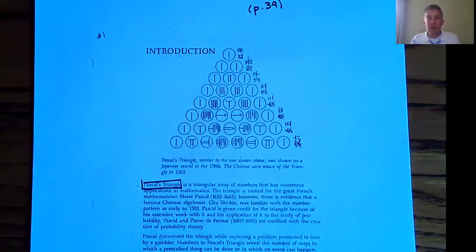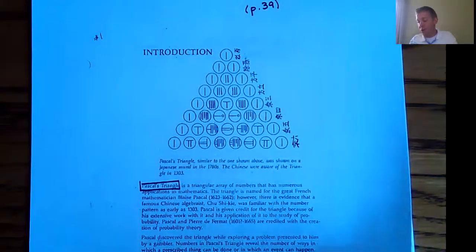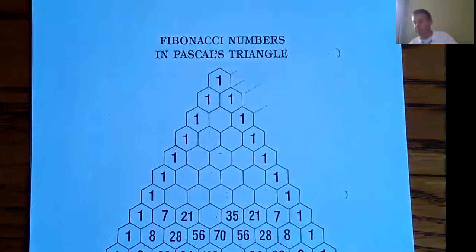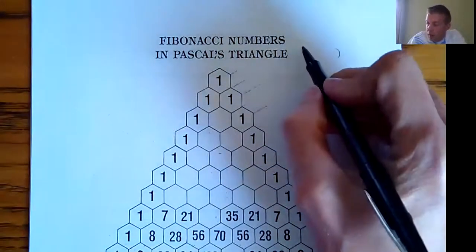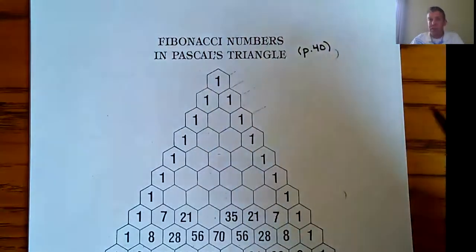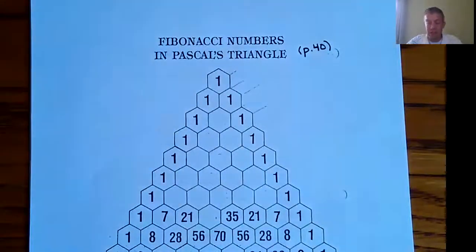Okay, so assuming you've read through that paragraph, what is Pascal's triangle? Well, if you go on to the next page in your packet, page 40 now, you'll see this says Fibonacci numbers in Pascal's triangle.